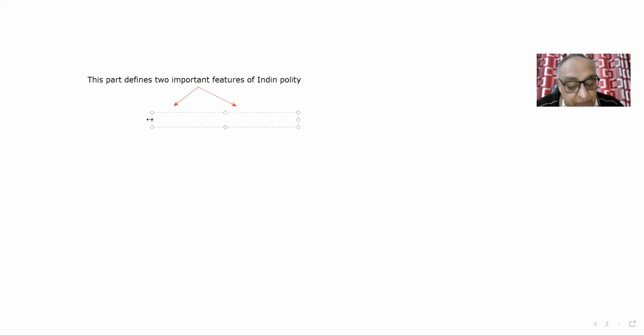These are the two important points defined here.